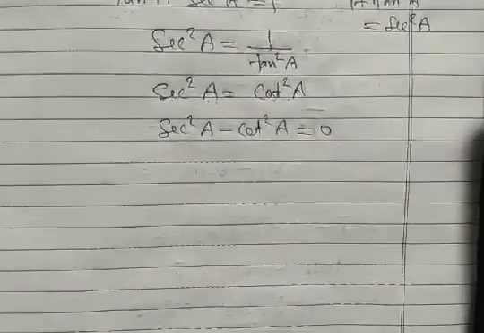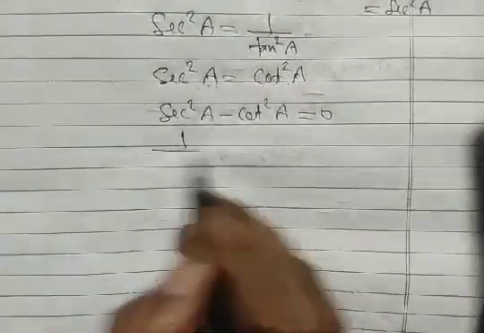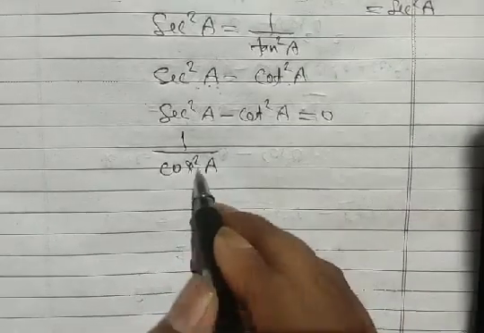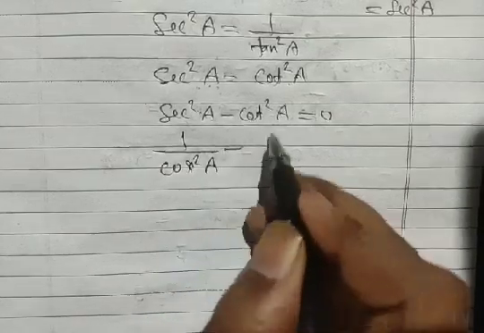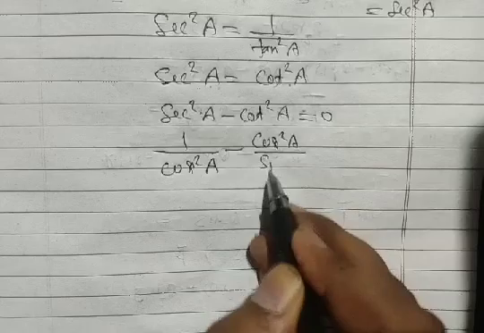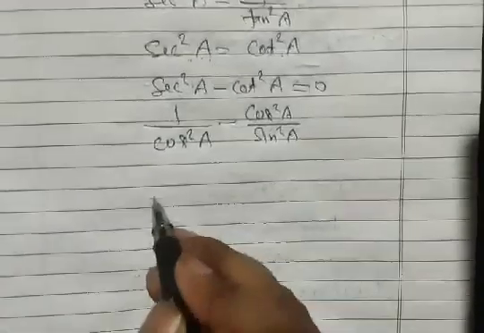Now we write our sec square a in terms of 1 upon cos square a. And cot square a is cos square a upon sin square a.